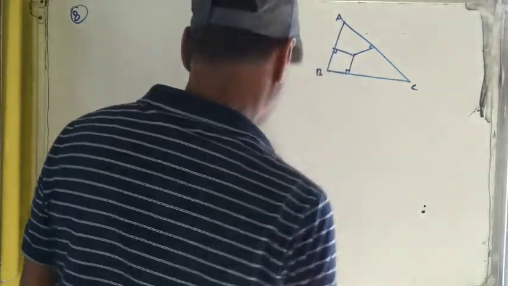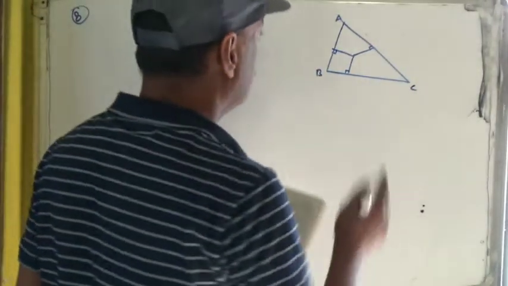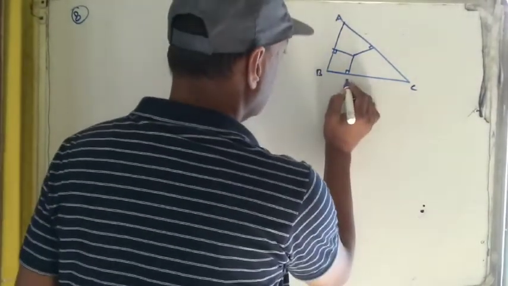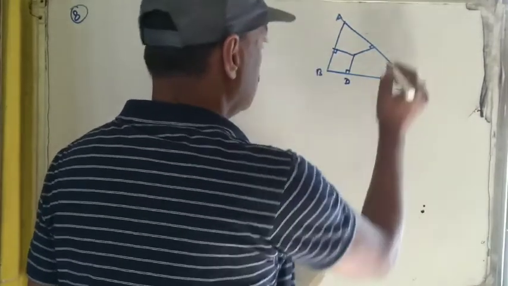And this is the figure of the question. This is A, B, C. This one is D. Here it is E and F.